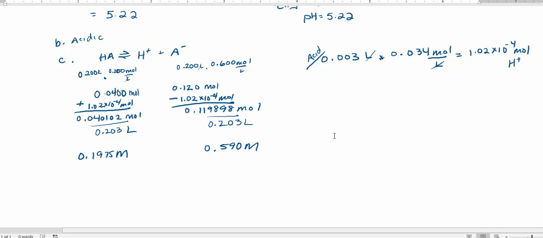So if we run through the ICE equation, if I set up my Ka, 1.8 times 10 to the negative 5, I have X for my H value. I have 0.59 plus X for my acetate, 0.1975 minus X for my weak acid. So this becomes my initial.